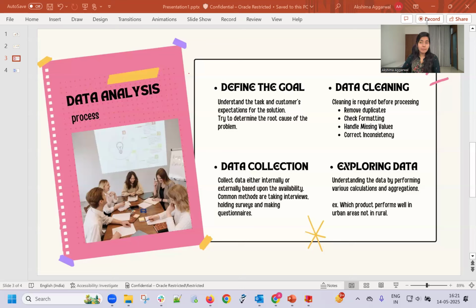And the second step is we need to check the format, in which format you have collected the data. So the data should be in the same format, right? For example, we can say the format of a date. The format of a date is simply the date, the month, and the year.